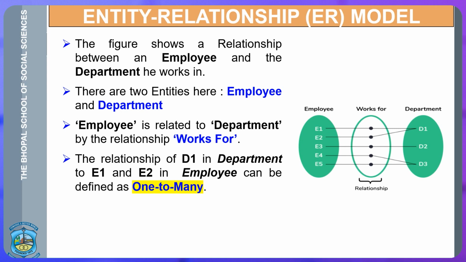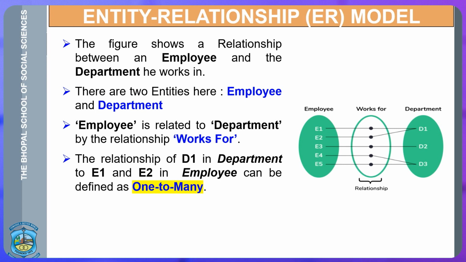So, D1 is department 1, and this department is associated with two entities from the employee entity. Here E1 and E2 are associated with D1. So, this is called one to many. That means one entity value of one table is related to more than one.